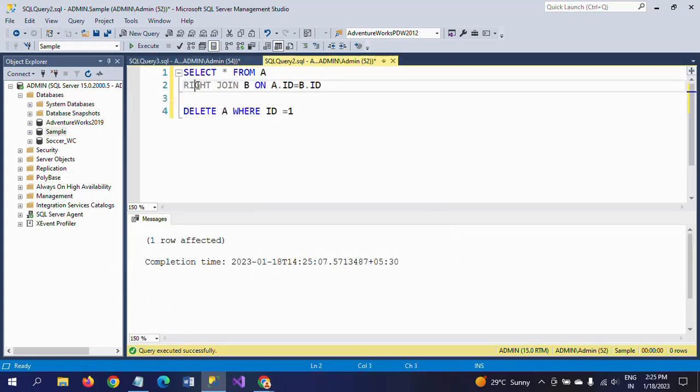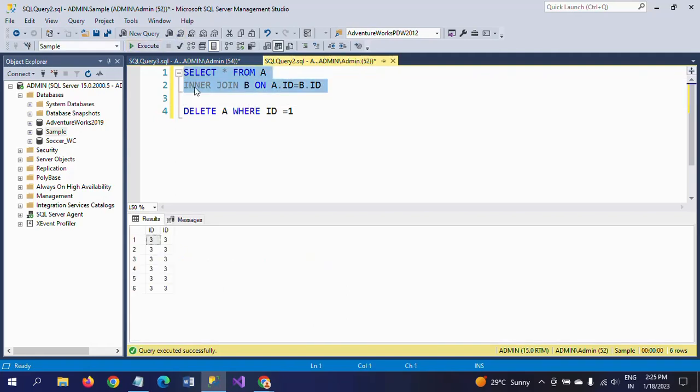Now I am applying the inner join. Inner join will pick just 6 records because it picks only matching records. When you go for left join, it doesn't make any change. It picks only 6 records. Right join will differ here. How many records will it take?